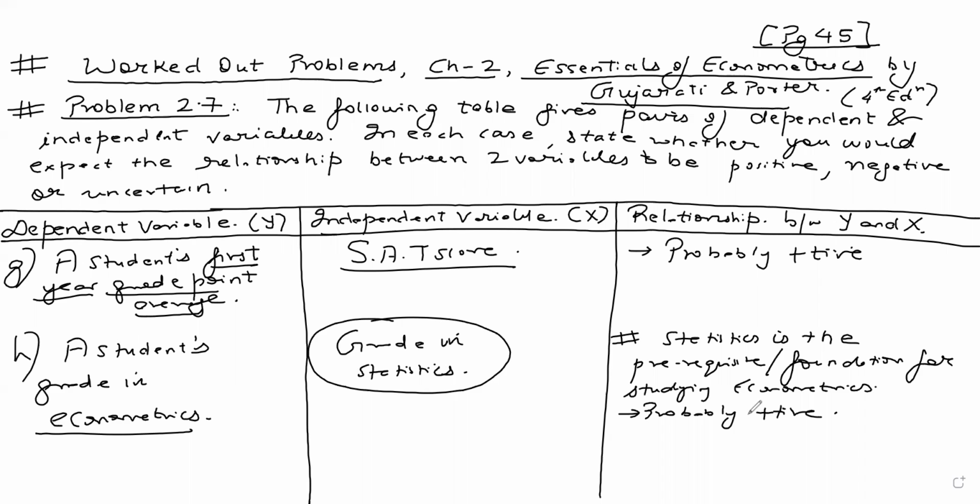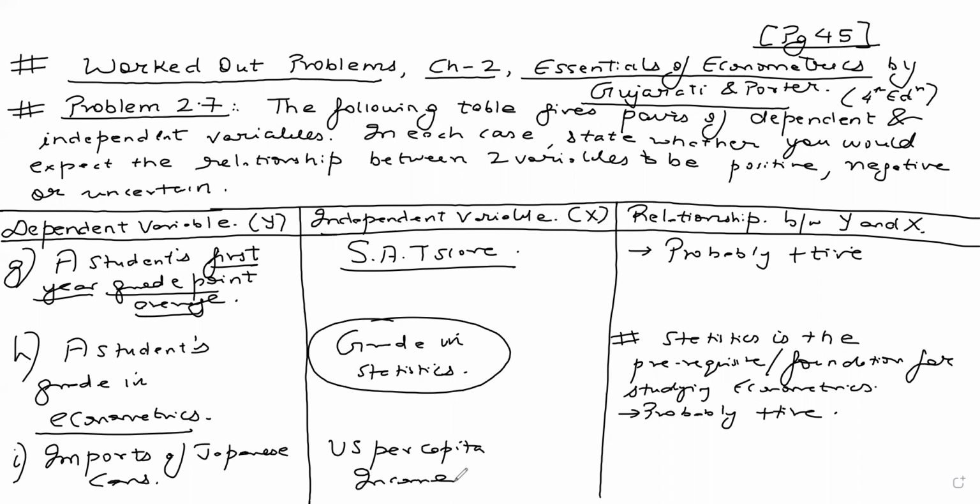Okay. And then part I, imports of Japanese cars and US per capita income. Now we have done the relationship between income and imports in our intermediate macroeconomics part 2 course.